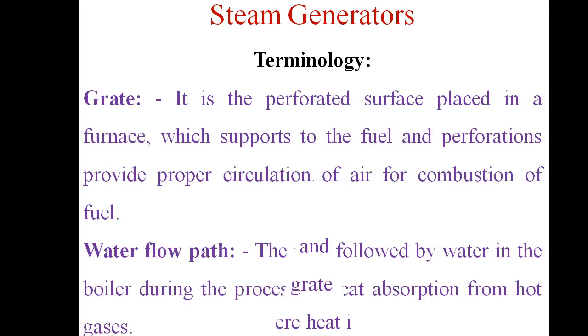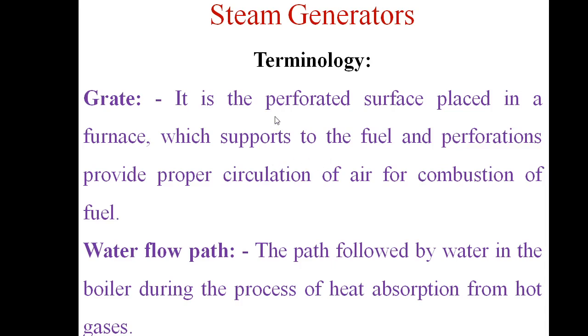Now coming to the next term, grate. A grate is a perforated platform over which fuel is burned. The perforations are provided in order to supply a sufficient quantity of air for complete combustion of fuel. If the perforations are not provided, then complete combustion of fuel may not be achieved.